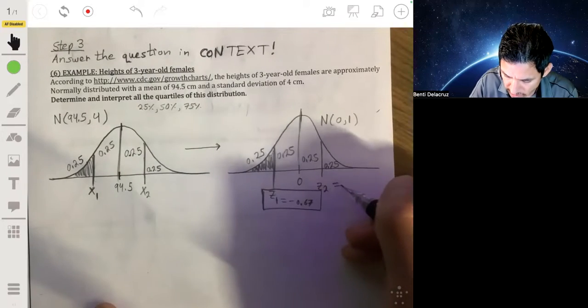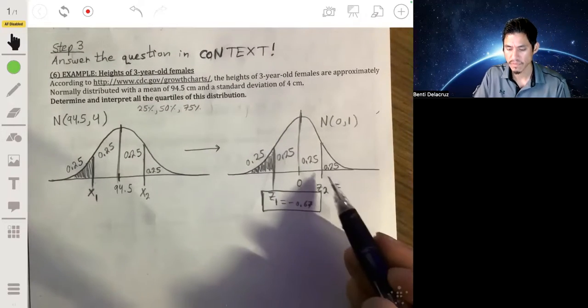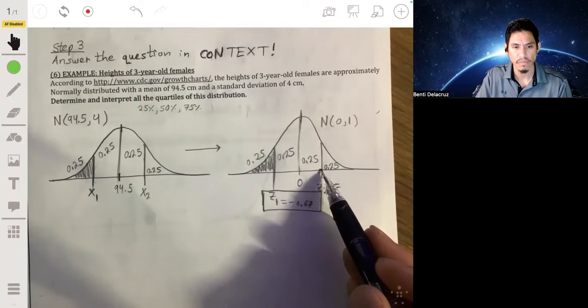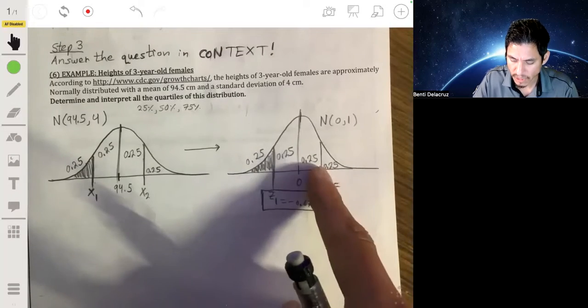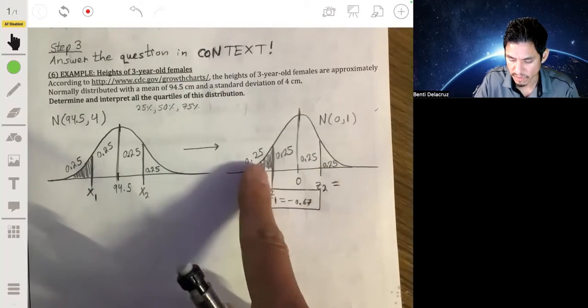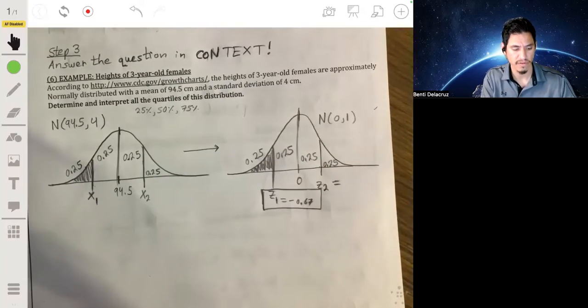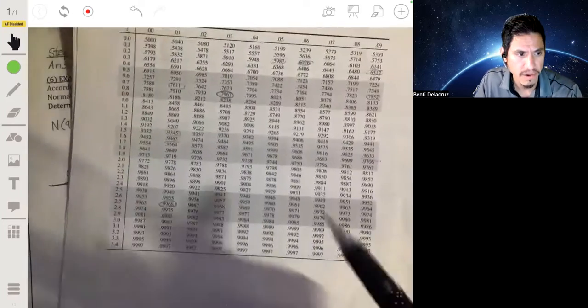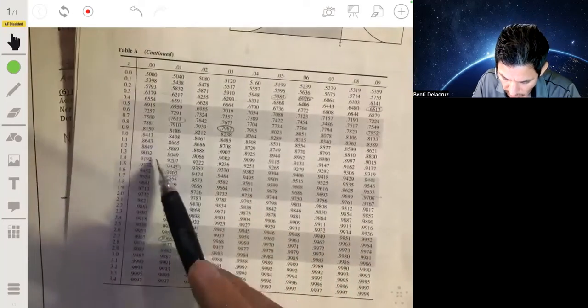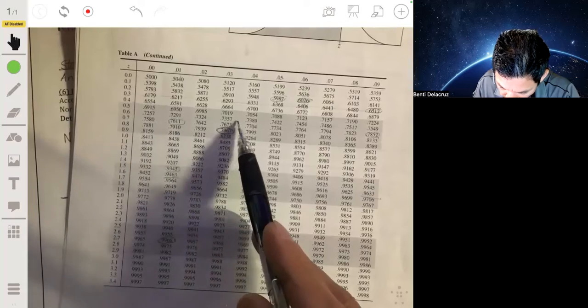Now let's find Z2. Z2 has 0.75 to the left, because 0.25, 0.25, 0.25. So it's going to be a positive Z value. Let's turn to the other side and look inside for the closest value to 0.75.